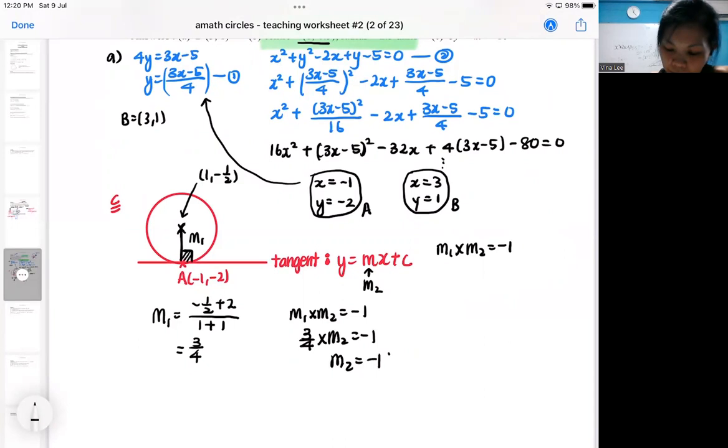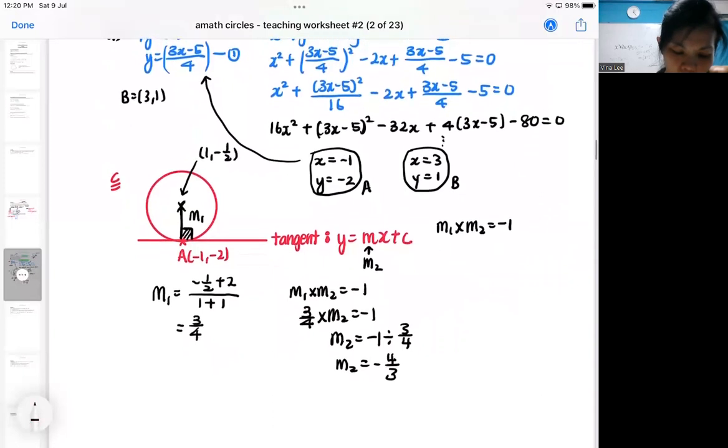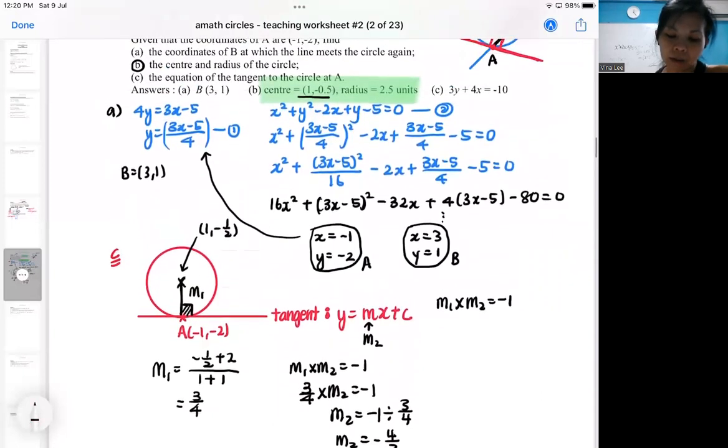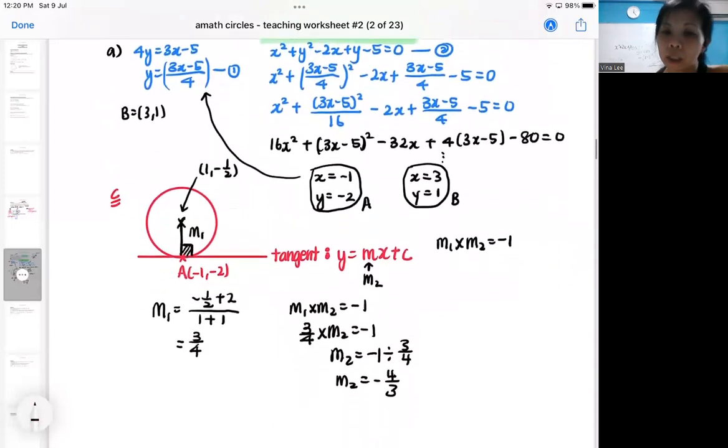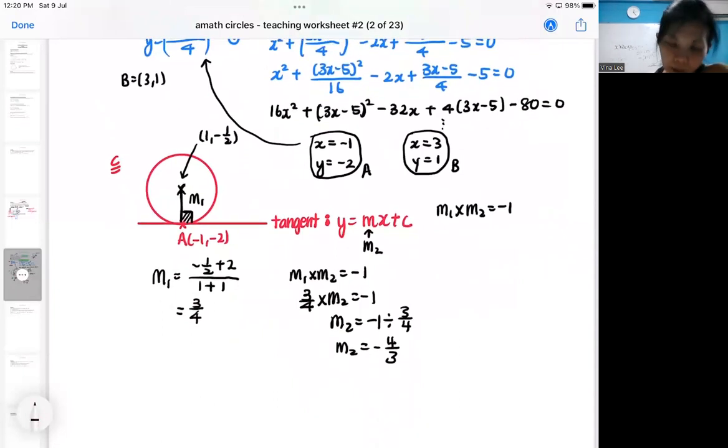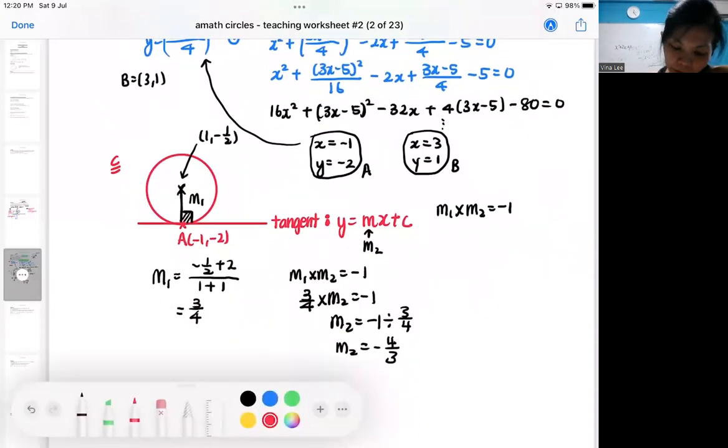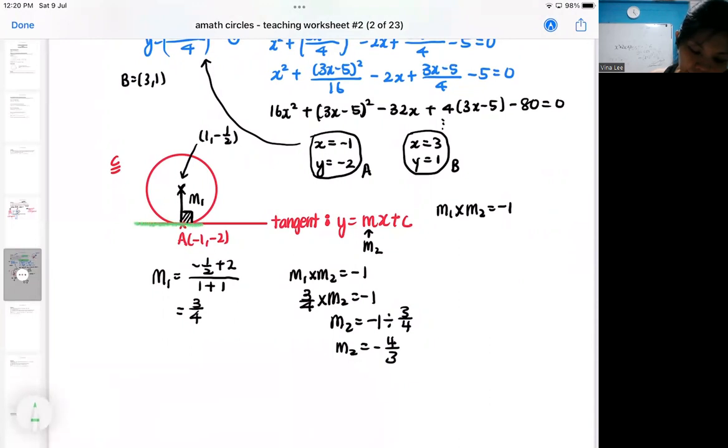So this topic, right, is actually very much coordinate geometry. So if your foundation of coordinate geometry is okay, you will find you got no technical issue. Technical issue is something like simultaneous, this kind of issue. You'll find it quite easy. So right now, I know the gradient already, and I got a point.